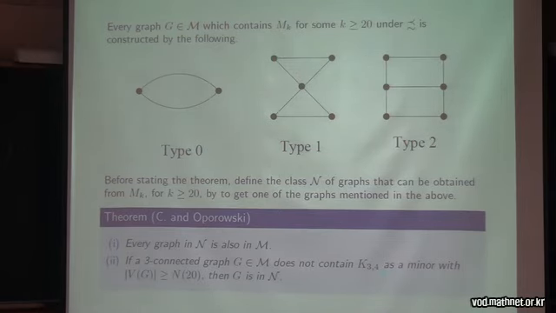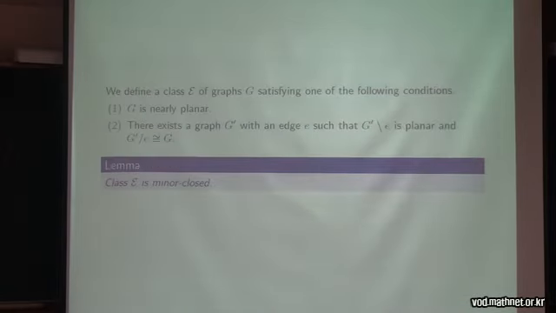Yep. And this is my PhD thesis paper. And the next step is we want to get a bigger class, which is closed under graph minors. That's the next step. So Professor Golding and I declare a class of graphs satisfying one of these two conditions.